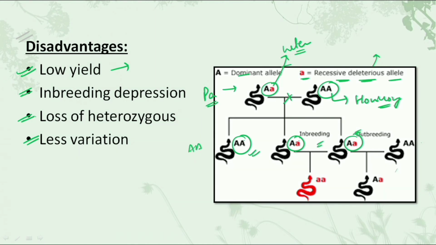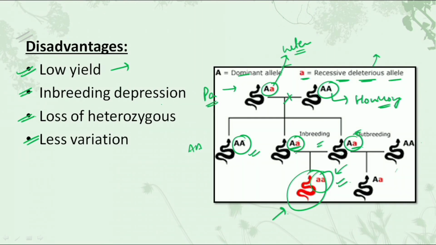Now as and when these two, capital A small a and capital A small a, are interbred together, we would have one combination as small a small a, which is very dangerous, which is deleterious in nature. So this is what inbreeding depression is.